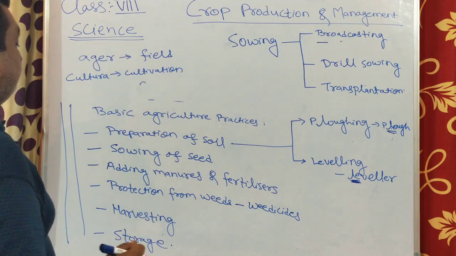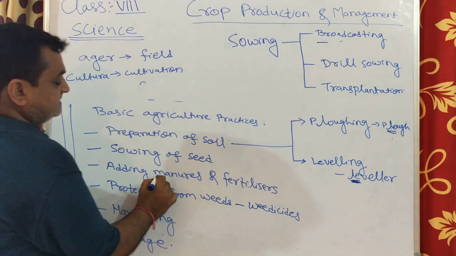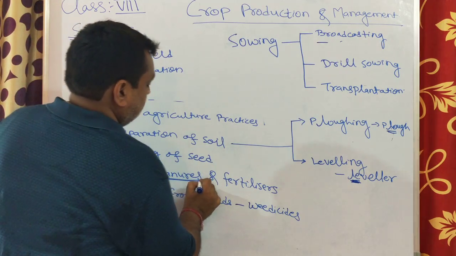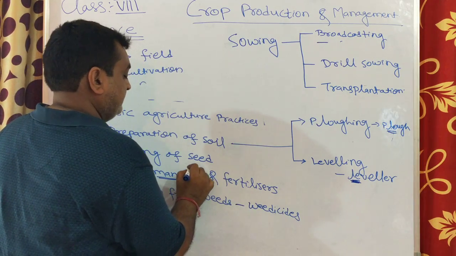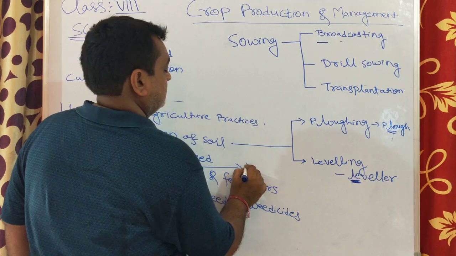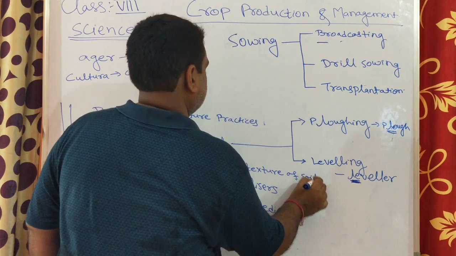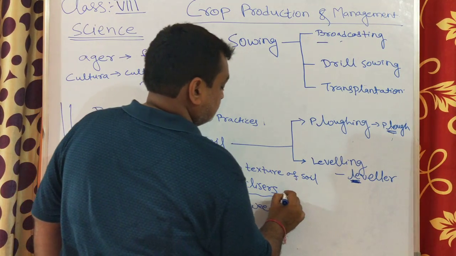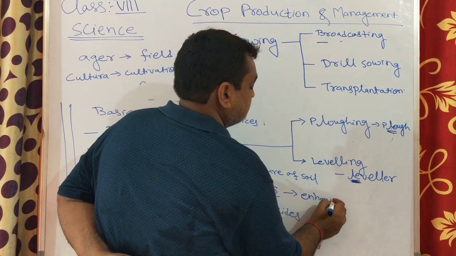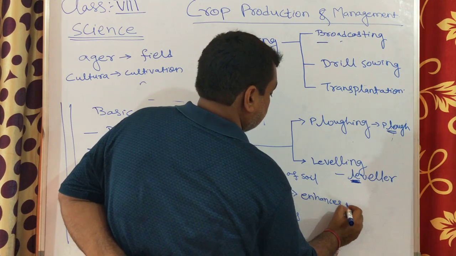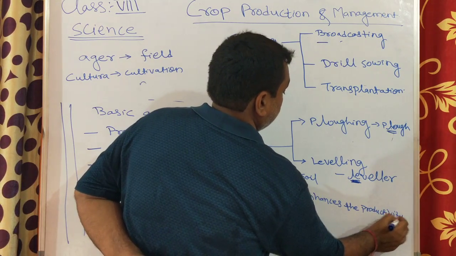Next is adding manures and fertilizers. We know manures improve the texture of soil, and fertilizers enhance the productivity of crops.